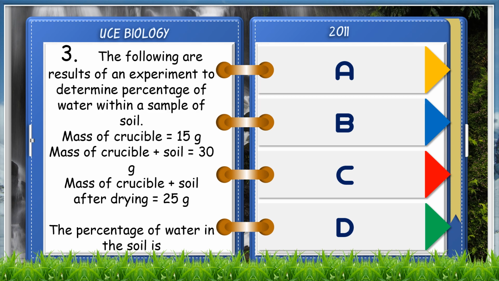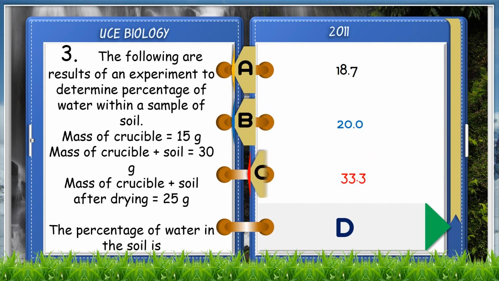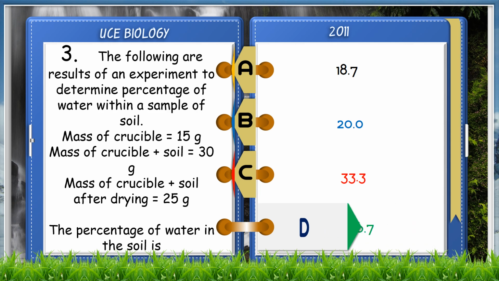The percentage of water in the soil is A. 18.7. B. 20. C. 33.3. D. 66.7. The answer is C. 33.3.